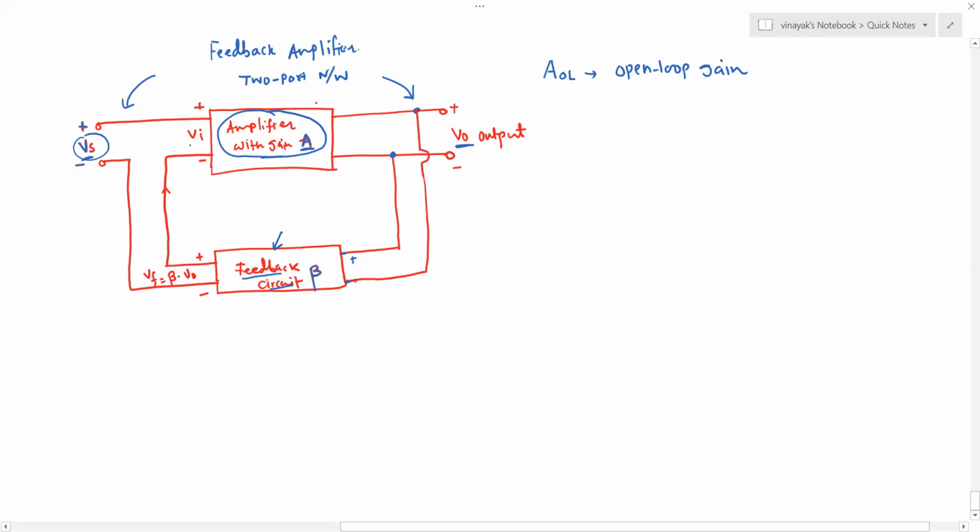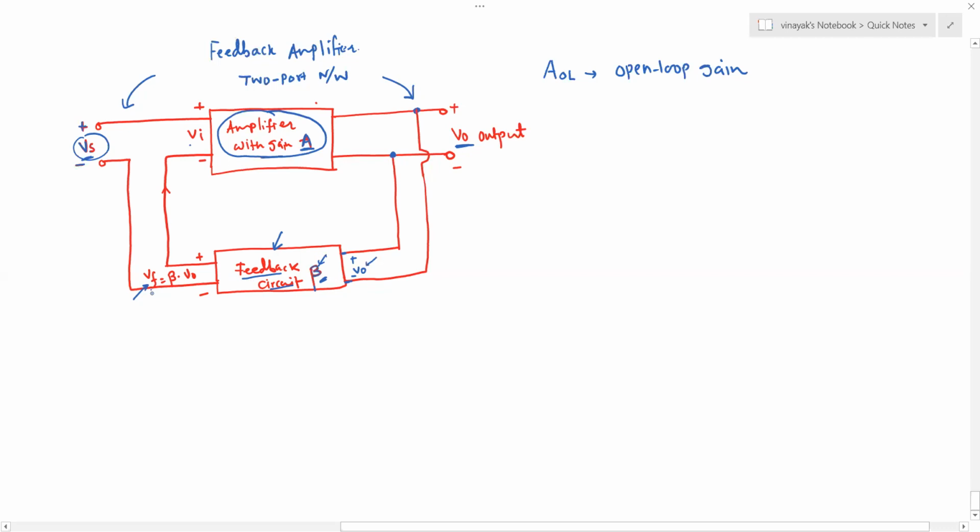So here you have an output signal VO that now becomes an input to the feedback circuit, and the output of the feedback circuit, which is called the feedback voltage VF, is the gain times the input, of course. So the gain of the feedback circuit is beta, and the input of the feedback circuit now is VO.